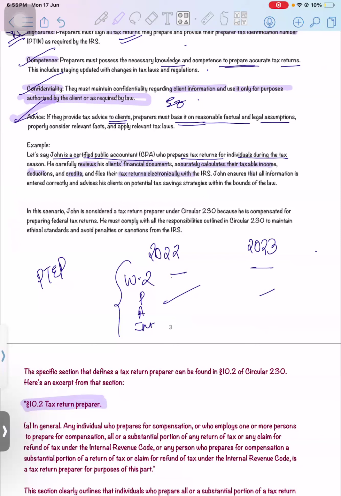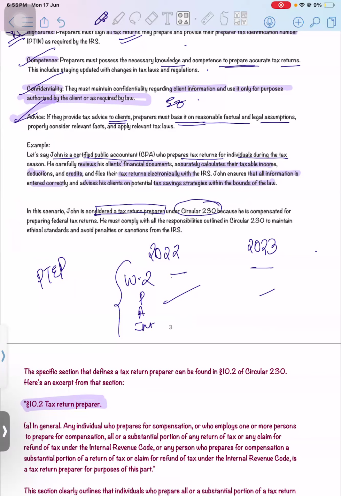He ensures that all information is entered correctly and advises his client on potential tax saving strategies within the bounds of the law. So in this scenario, John is considered a tax return preparer, and he is complying with Circular 230.